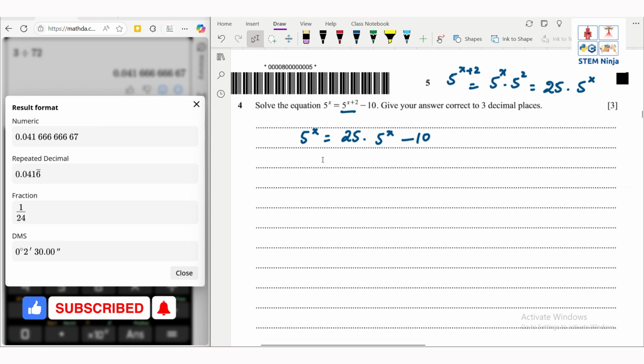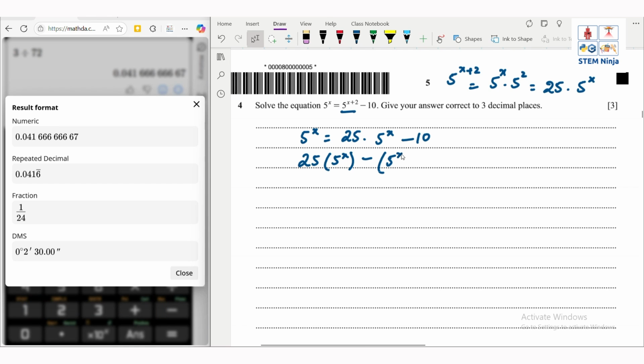Taking the 5 raised to the power x terms on one side, 25 times 5 raised to the power x minus 5 raised to the power x equals 10, leading us to 24 times 5 raised to the power x equals 10. So 5 raised to the power x is 10 over 24, which would be 5 over 12.